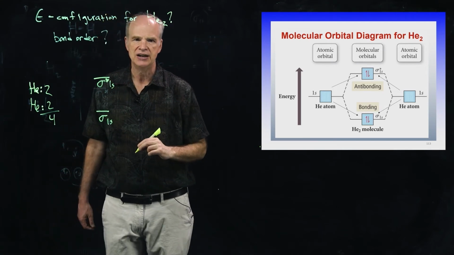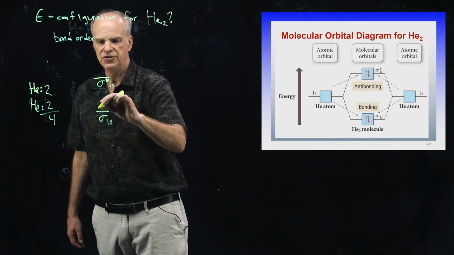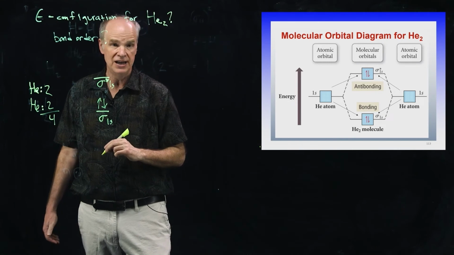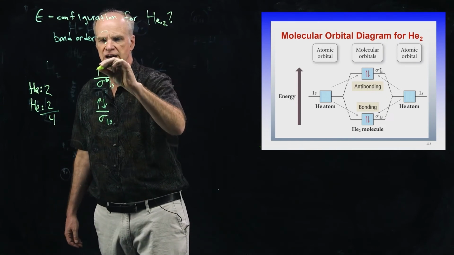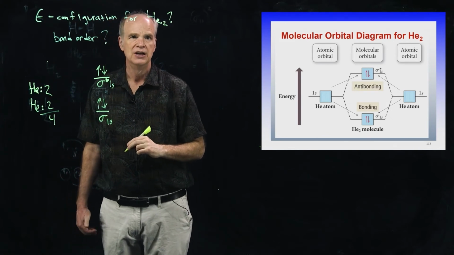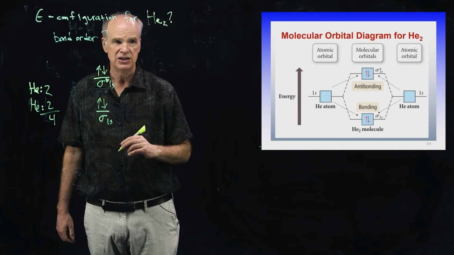So let's talk about where these 4 electrons go. Well, 2 of the electrons will go into the bonding 1s orbital, and then the other 2 electrons will go into the antibonding 1s orbital. So how do we write out the electron configuration for diatomic helium?